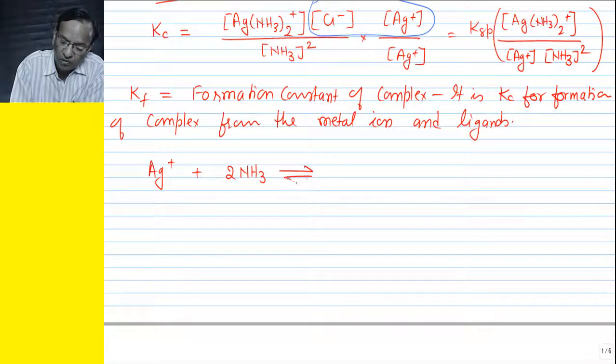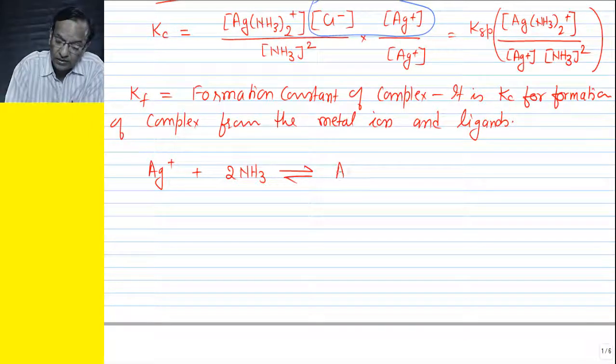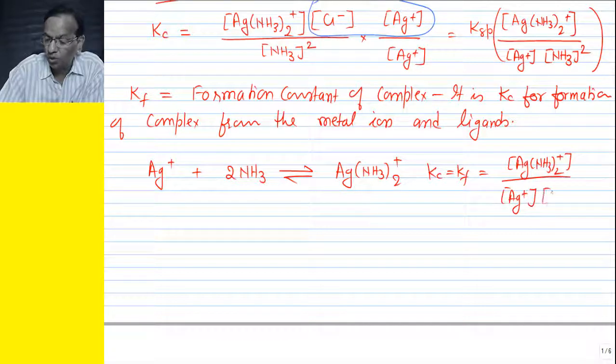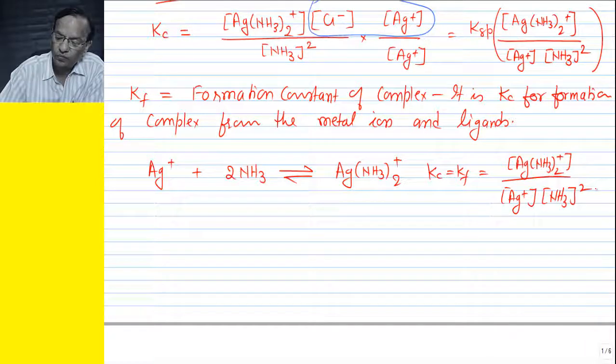So the formation of the complex from its constituents can be written like this, and Kc of this is simply Kf, which is concentration of Ag(NH3)2 plus divided by concentration of silver ion into concentration of ammonia raised to the power 2.